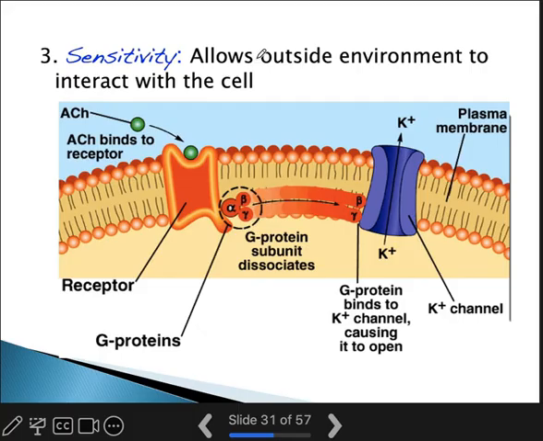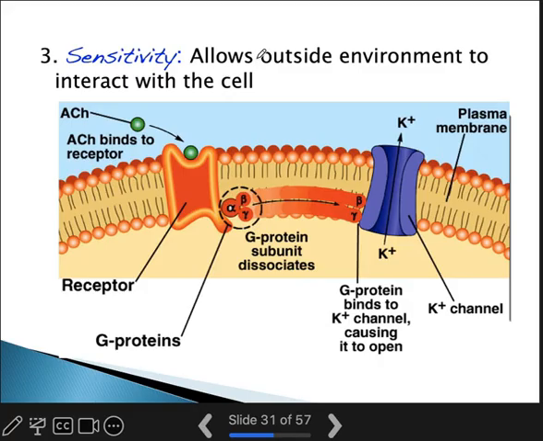The membrane is the wall of the cell, and so it needs to be able to interact with the exterior environment. The exterior environment needs to be able to talk to the cell, and that's going to happen all through that cell membrane. The cell membrane is what's going to provide the sensitivity of the cell to the outside world, so it can respond to the signals in the environment.